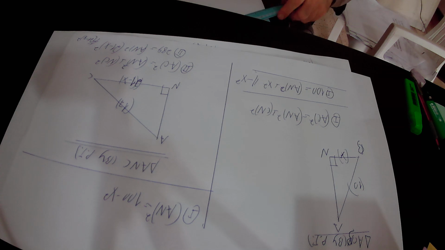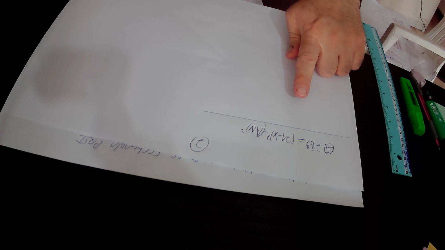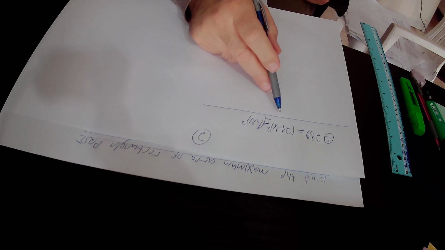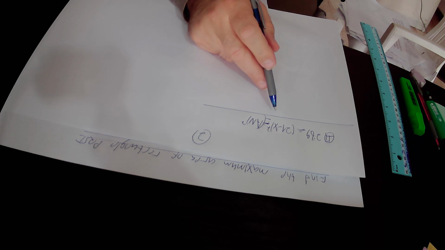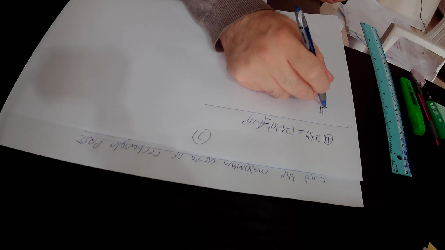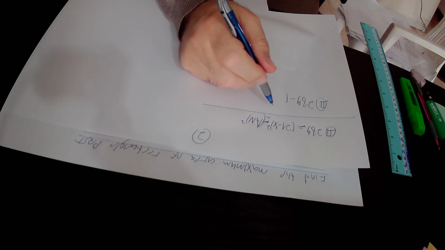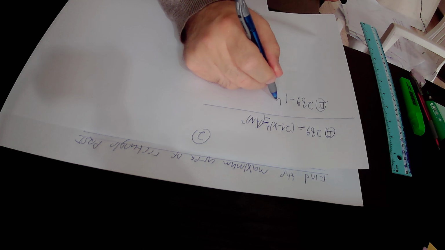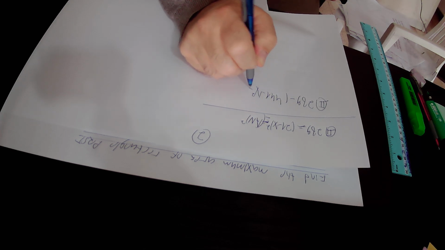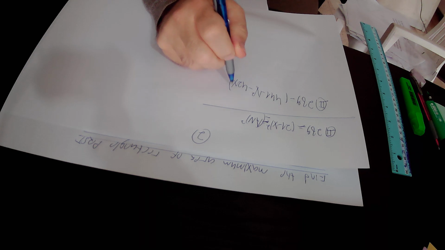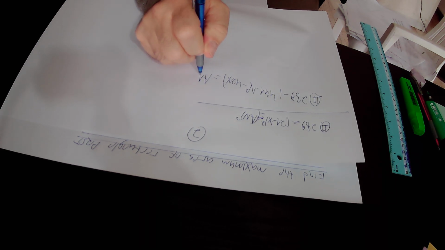Now we open the brackets of the expression (21 minus x) squared, which equals 21 squared, that is 441, plus x squared minus 2 times 21 times x, that is minus 42x. And it equals AN squared. This is according to equation 2.